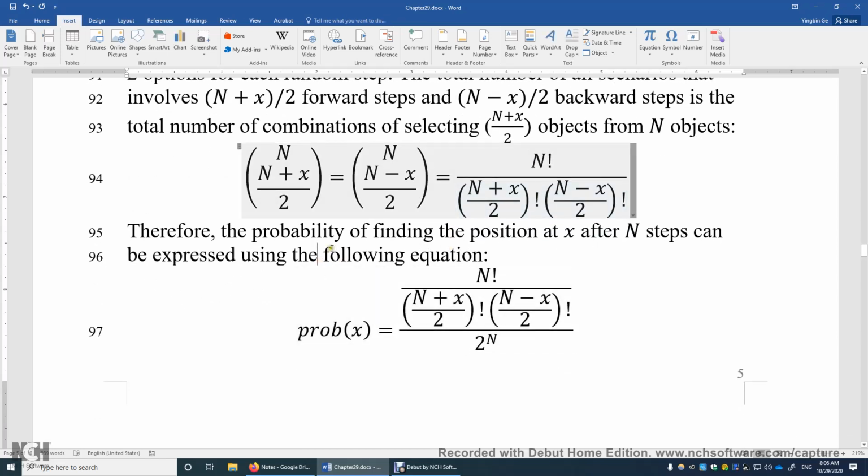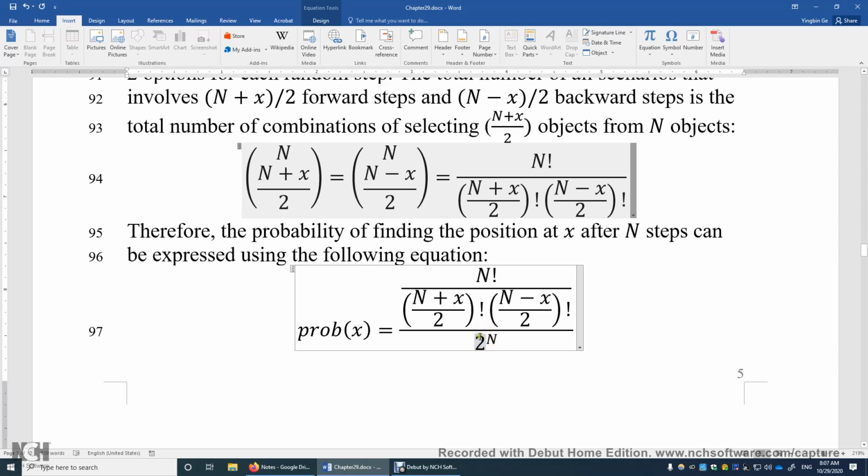Now let's look at the probability of finding his position at x steps after a total number of n steps. Right? It's this. So on top, it's the combination, the number of combinations of finding the person moving in the forward direction this many steps and backward direction this many steps. And over here, this is 2 to the power of n, so this is 1 over 2 to the power of n.